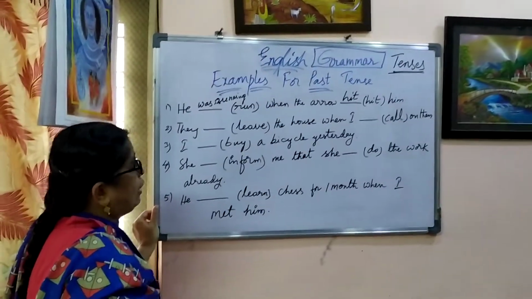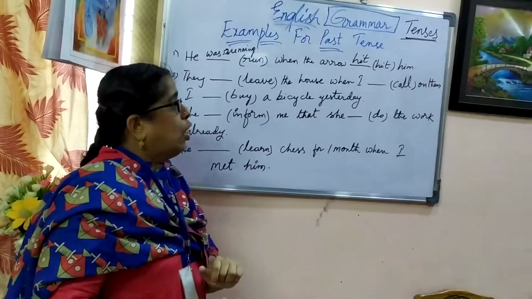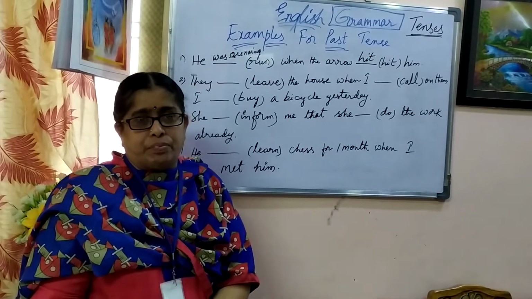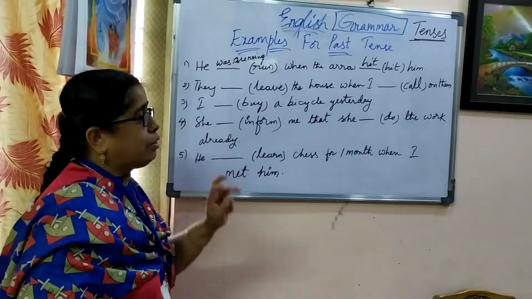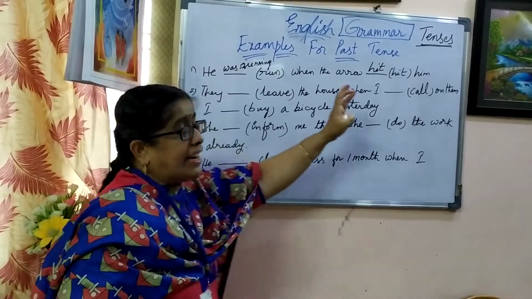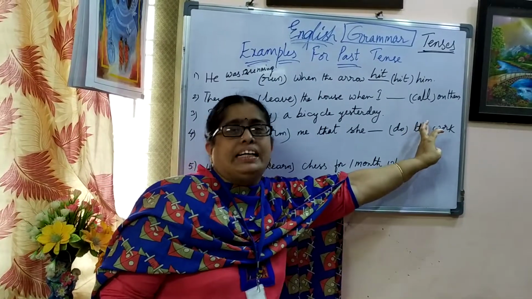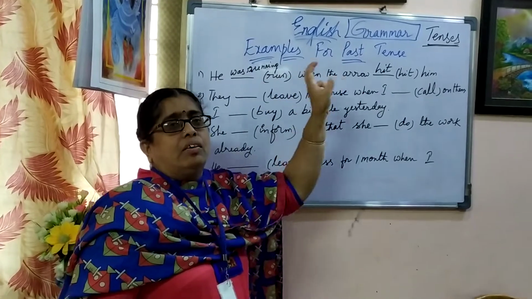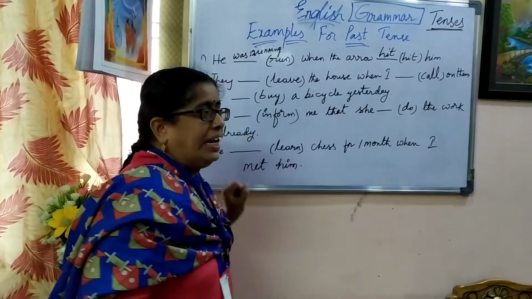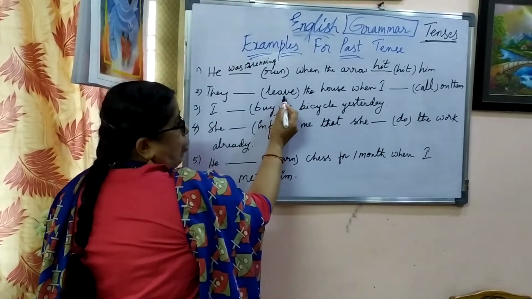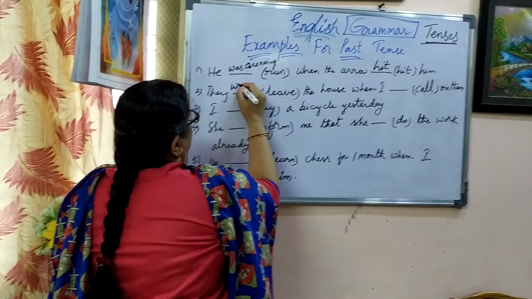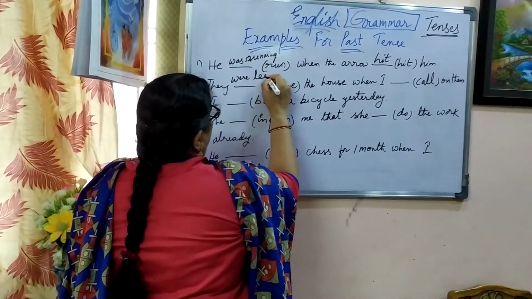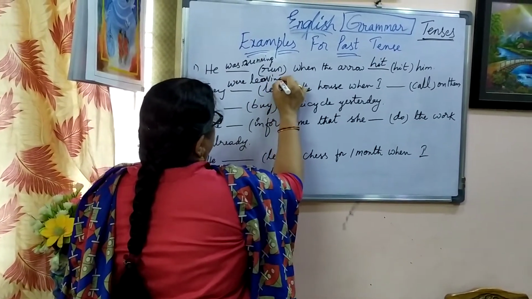"They were leaving the house when I called on them." Here also one action is in progress, another action is completed. At the time the other action happened, this action was in progress. They were leaving. Just use some common sense here.